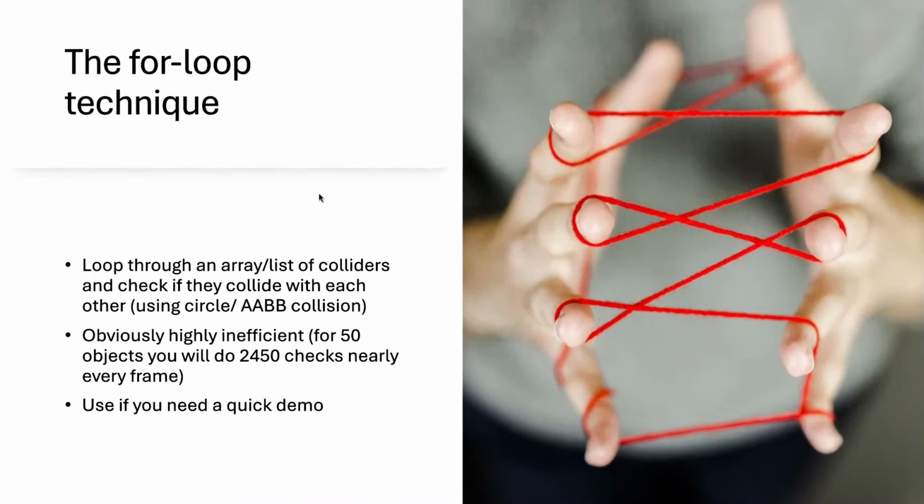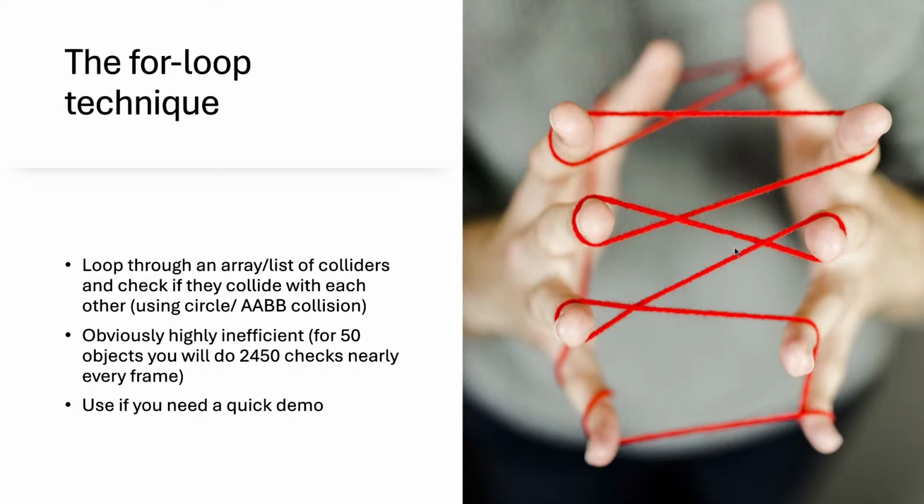If you quickly want to create a demo and check if everything works, you can just implement this and forget about it. It works for quite a few objects, especially if you're going to do 2D game development. It's not that bad. I think it was 500 objects it could handle without crashing.